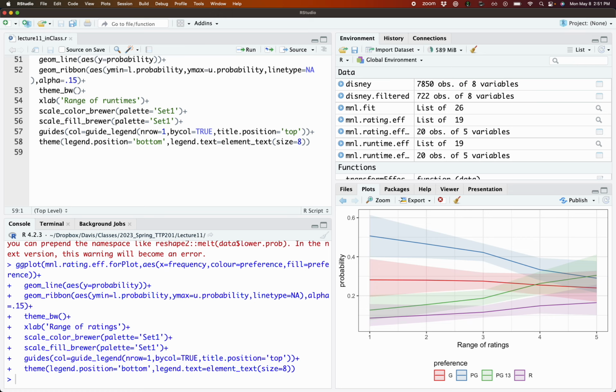The shaded region is the confidence interval, and if it overlaps, it means that there's no statistically significant difference in the probability of, let's say, a movie that's rated 1 lying in either R or PG-13, because the two intervals overlap, the green and the purple one. Kind of.